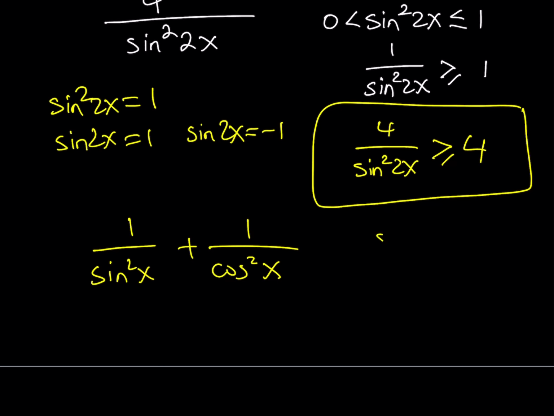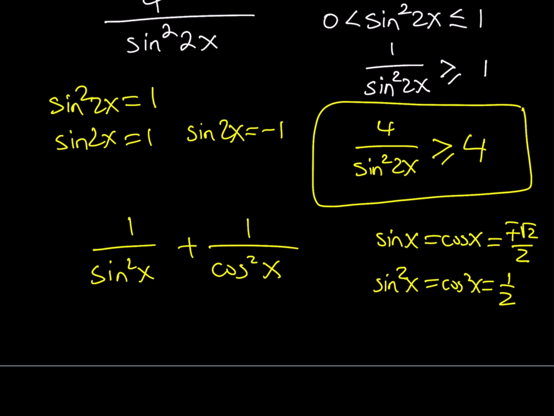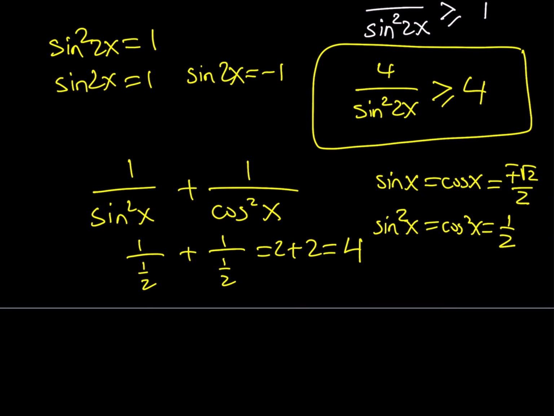So here, if sine x equals cosine x, and they're both equal to plus minus square root of 2 over 2, then their squares are going to be equal, of course, and that is going to imply that they're both equal to 1/2. And then when you flip the 1/2, 1 over 1/2 plus 1 over 1/2 is going to be 2 plus 2, and that is going to show us that the value of 4 is actually attainable.